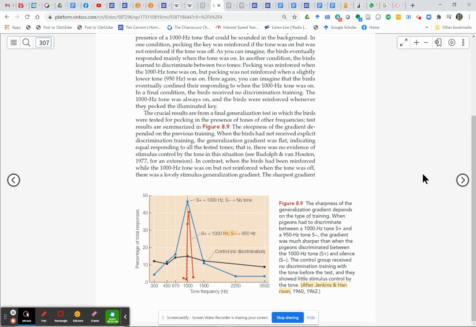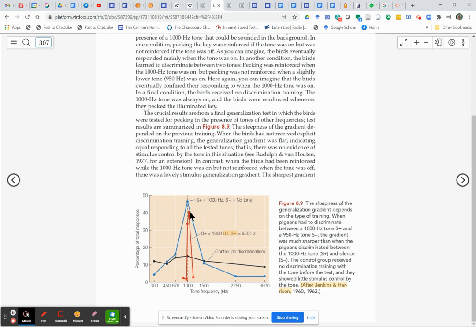When you have no S minus, you get a fairly broad tuning curve, and the control is flat. But I want you to notice that the S minus here is 950. Now 950 is over here, and they were trained at 1,000. And you can see that at 1,000, they're responding pretty well. The S plus 1,000, S minus 950.